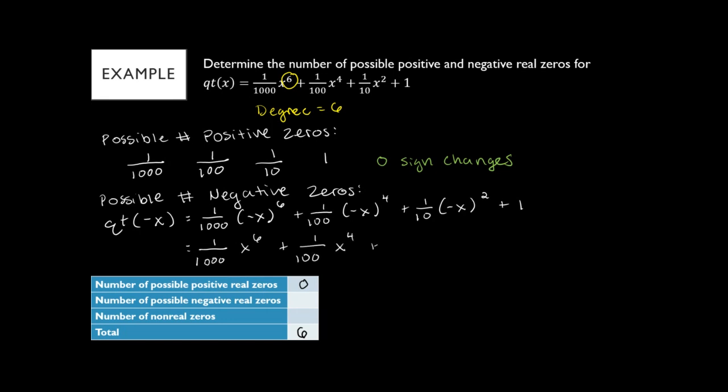And this is actually an even function. This is something else that we talk about this week, is even and odd functions. This one's considered an even function, because if you plug in a negative, you get the same thing if you plugged in a positive. So we have 0 sign changes again.